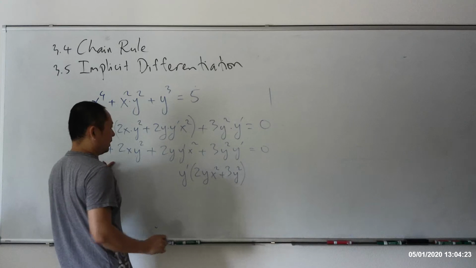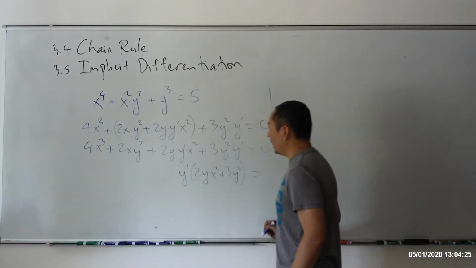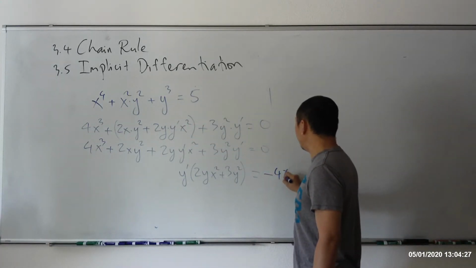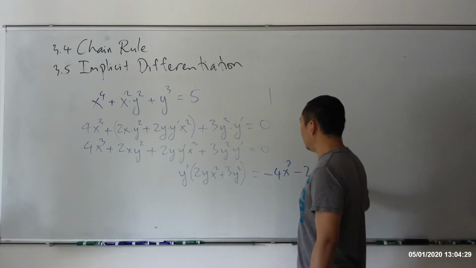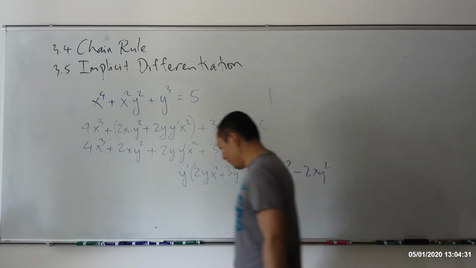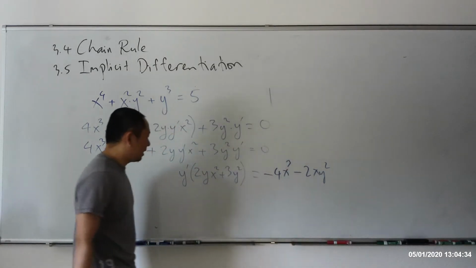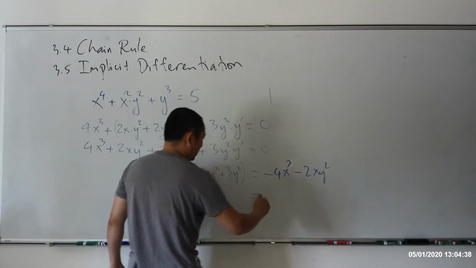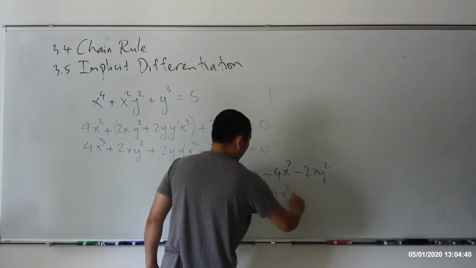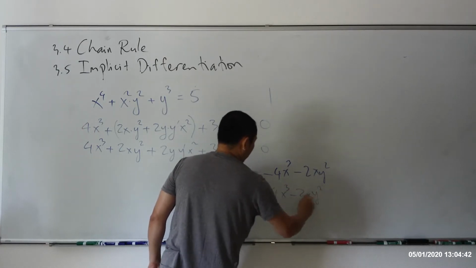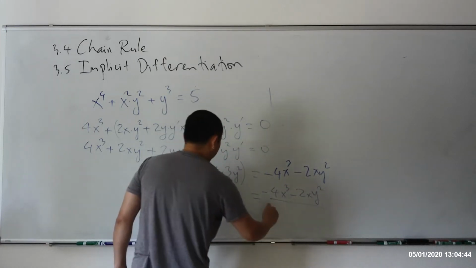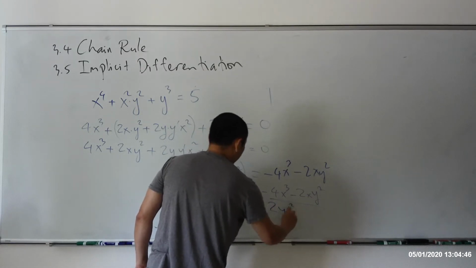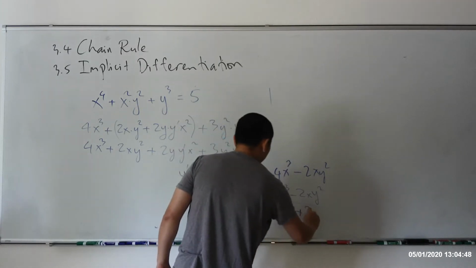And then I can move the term without the y prime to the right hand side, equal to negative 4x cubed minus 2x y squared. Now I'm going to divide both sides by whatever I got in parentheses. I got y prime is equal to negative 4x cubed minus 2x y squared all over 2y x squared plus 3y squared.